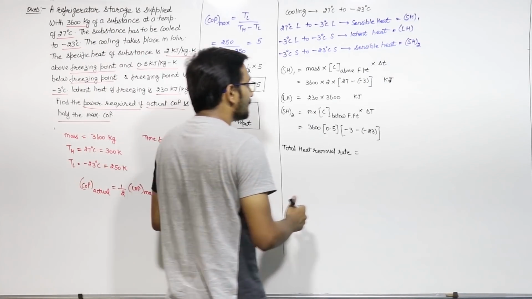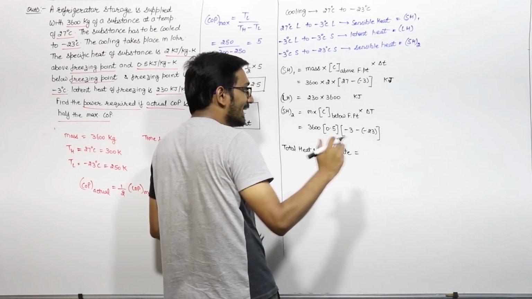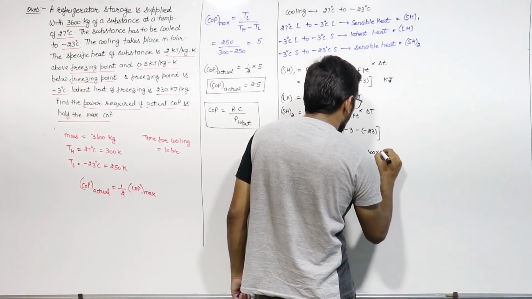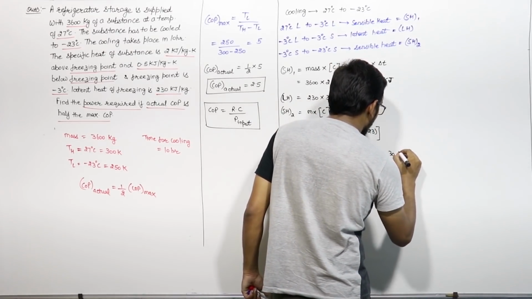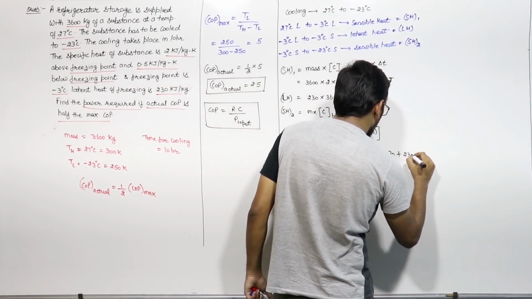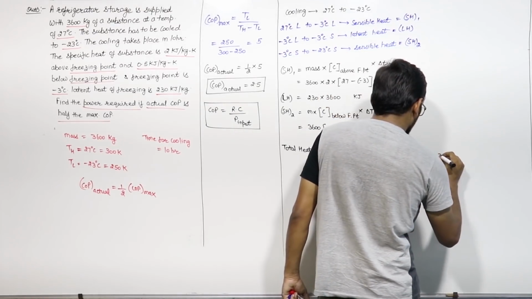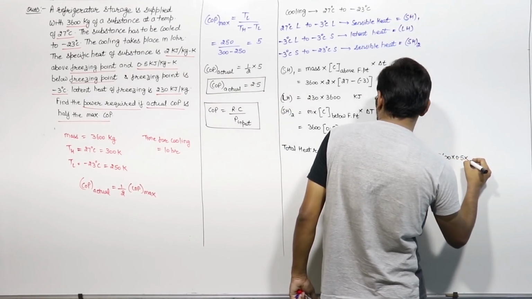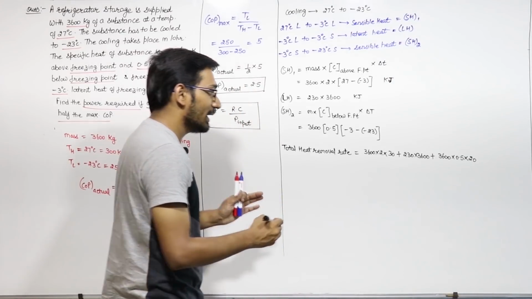So I can write this is 3600 into 2 into this is 30 plus 230 into 3600 plus 3600 into 0.5 into this is 20. This is the total heat which we have to remove in 10 hours.